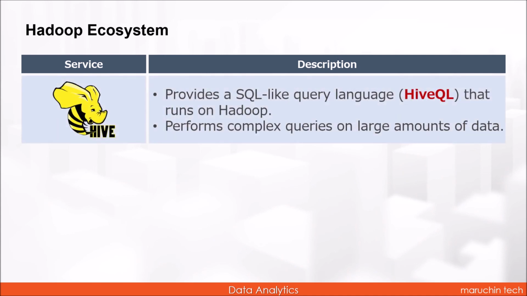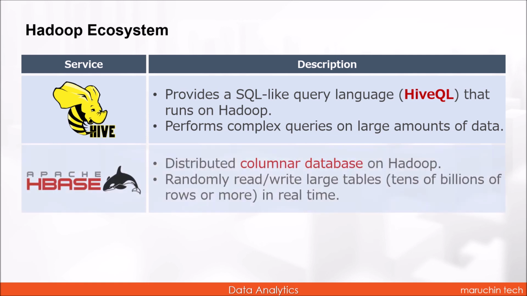Hive provides HiveQL, a SQL-like query language on Hadoop for performing complex queries on large amounts of data. HBase is a distributed columnar database on Hadoop that can read and write large tables in real time. Apache Hive and Apache HBase typically run on top of Hadoop.